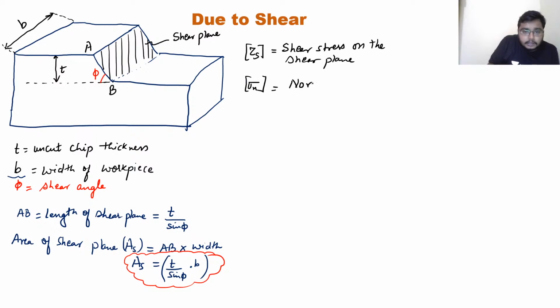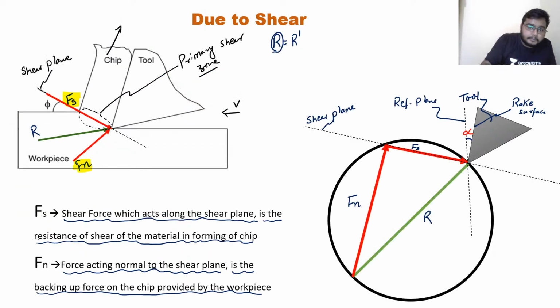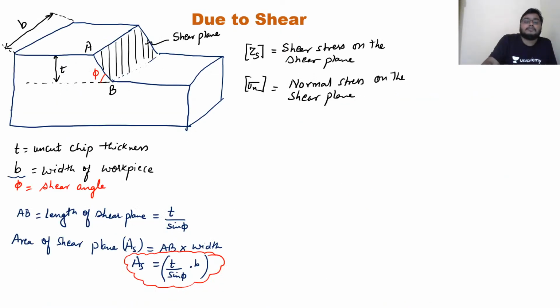This is the normal stress on the shear plane. In this direction Fs is acting, so there is a shear stress produced, and this is Fn, the normal force on the shear plane. So in this direction a normal stress will be produced.